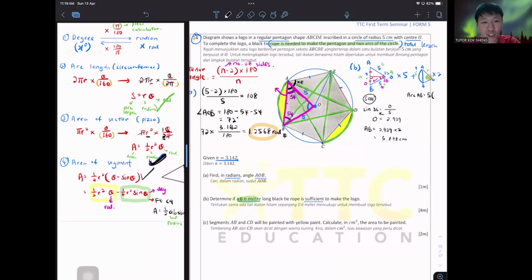So sorry, I found a wrong line. Why I go for AB? Okay, but it's okay. We can change a bit. Let's continue and find the arc length first, AB. Actually, just need to change a bit only.